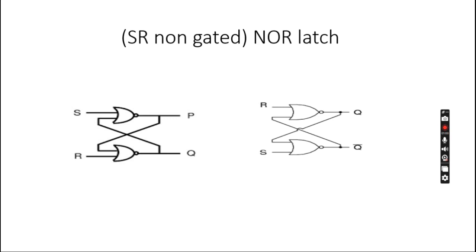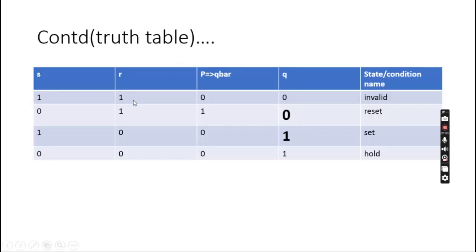Now we'll see the operation step by step. So this is the truth table. Here S and R are two inputs and we will get 4 combinations. Okay, so here I have not started with 0 0, as I started in the SR NAND latch with 0 0. Here I have not started with 0 0 because the NAND latch will be in an invalid state when we apply 0 0.